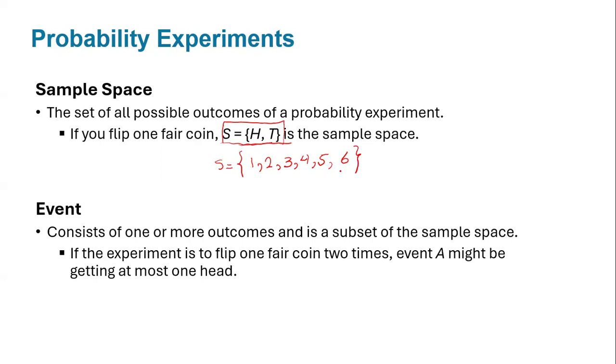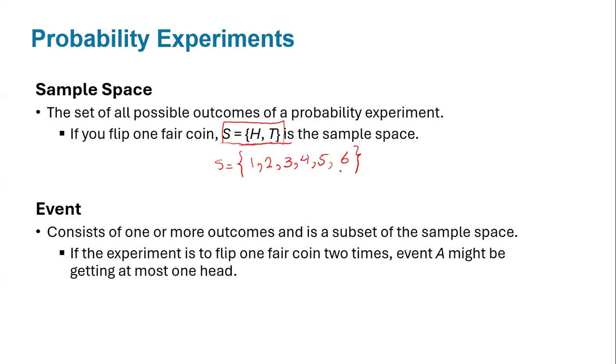An event consists of one or more outcomes, which is usually a subset of the sample space, because we said the sample space is all possible outcomes. But when I find, for example, the probability of getting heads when I flip a coin, getting a head is an event. And that event is a subset of the sample space, because the sample space consists of both head and tail.